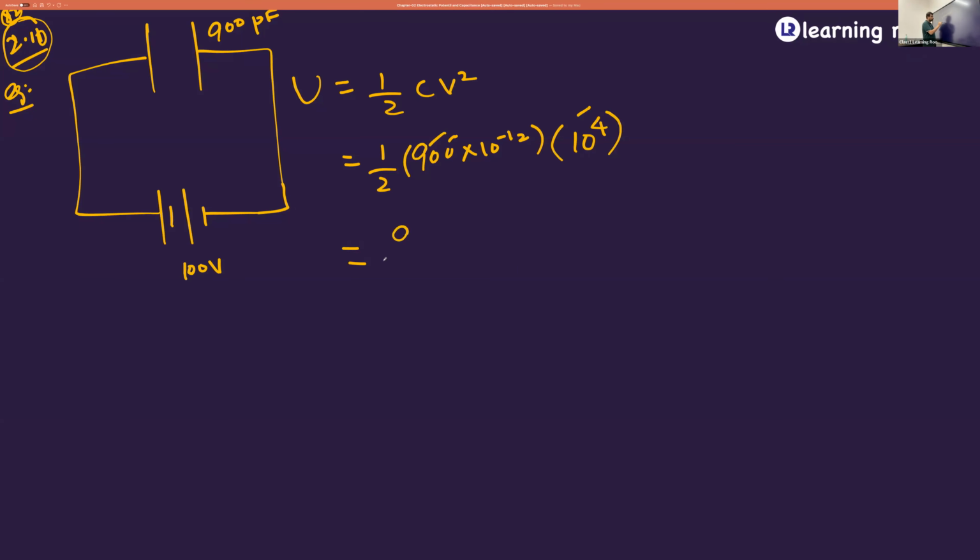So you're left with 9 by 2 into 10 power minus 6. So you will get 4.5, and you write it as microjoule. Right? So 4.5 microjoule. Okay. What is the next part of the question?